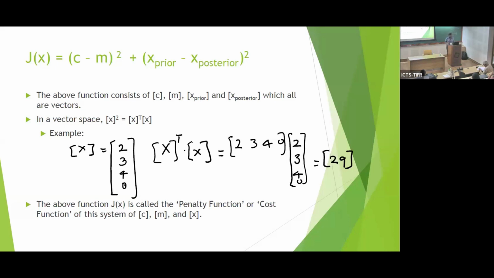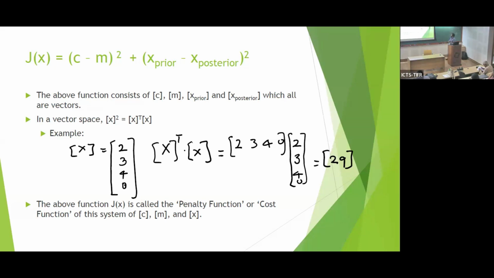Let us get familiarized with this again. The above function consists of C, M, X prior, X posterior, which all are vectors. Okay, you need to understand that first. What is C? Go back to the cartoon. There was a tower which measured C. It's a vector. What is M? Or C of M?